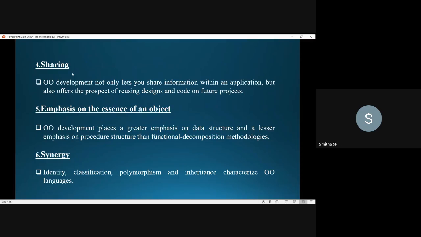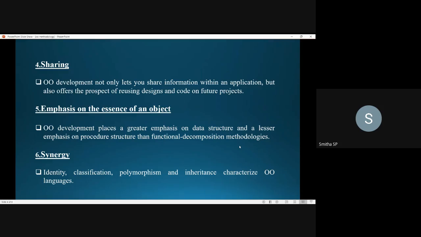That is, object-oriented development places a greater emphasis on data structure and a lesser emphasis on procedure structure than functional decomposition methodologies.